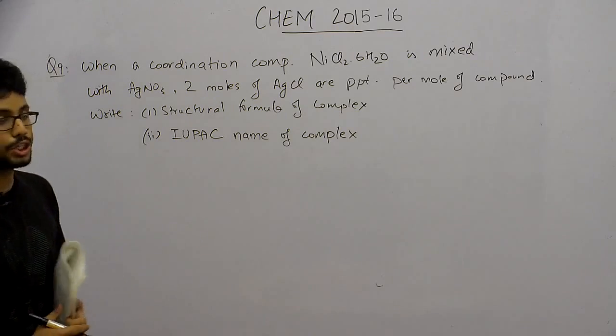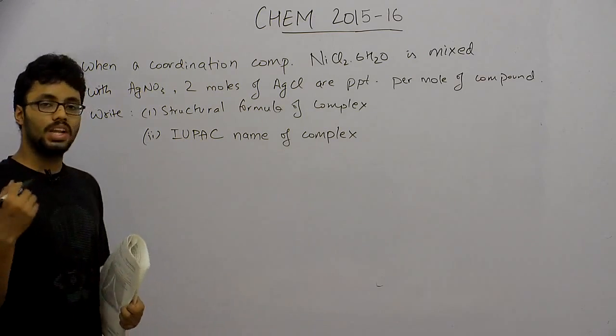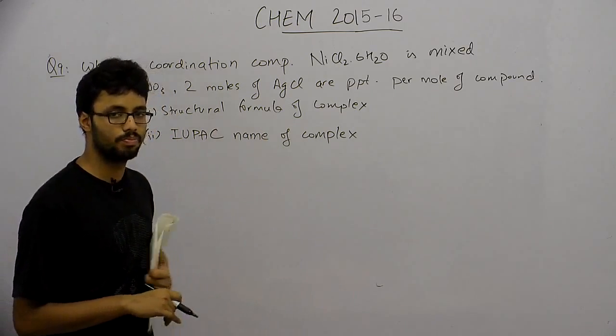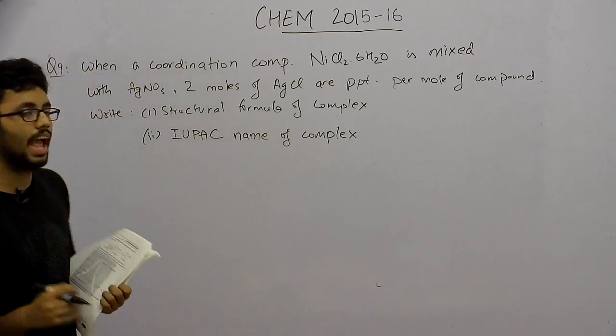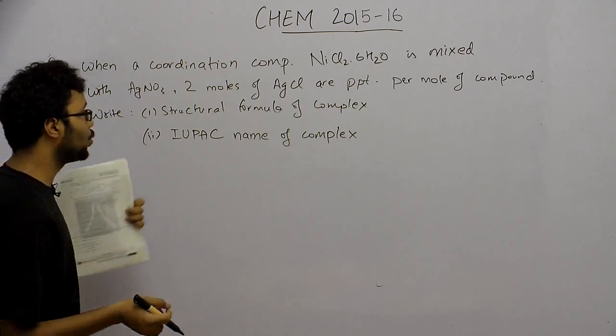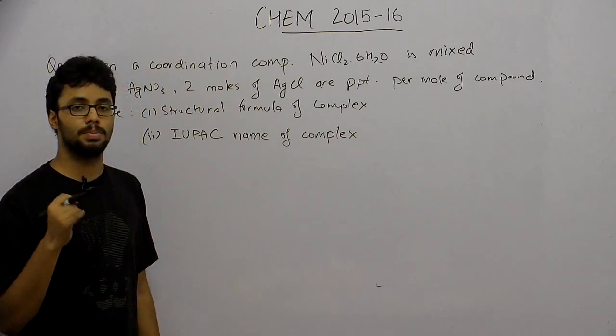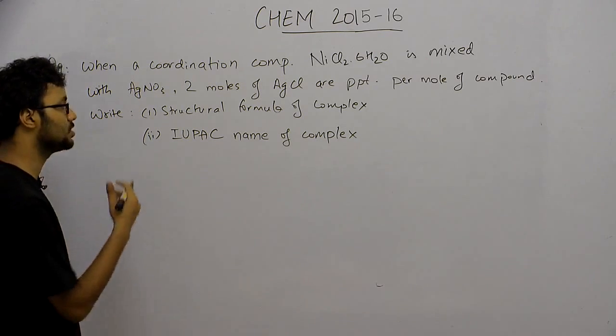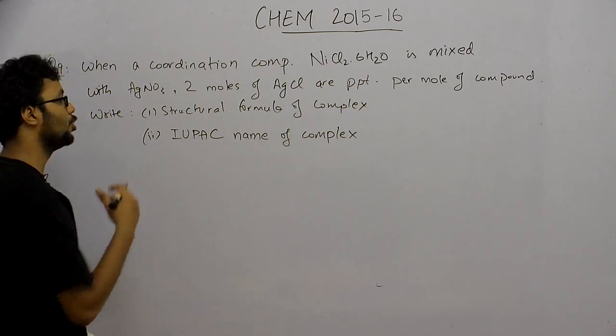So the ninth question is, when a coordination compound NiCl2.6H2O is mixed with silver nitrate AgNO3, 2 moles of AgCl are precipitated out per mole of compound. We have to write the structural formula of the complex and the IUPAC name of the complex.